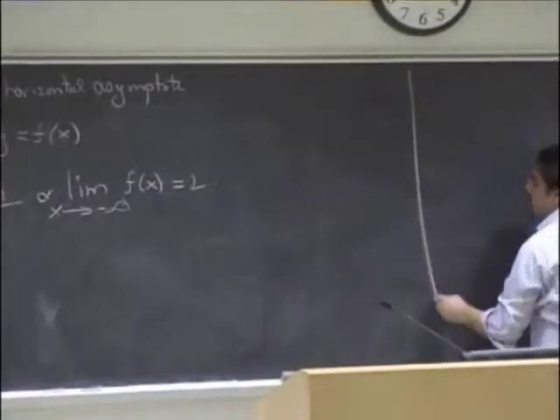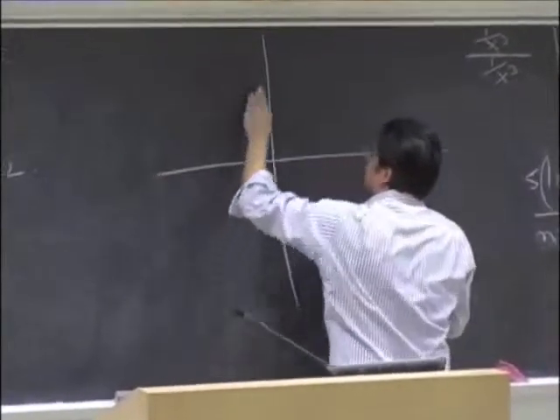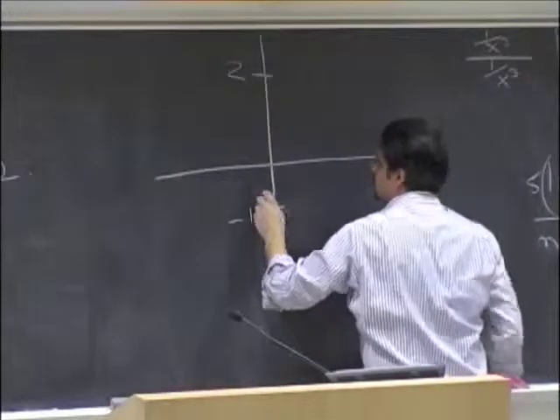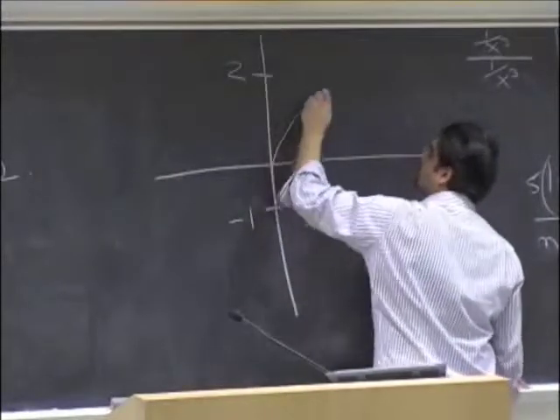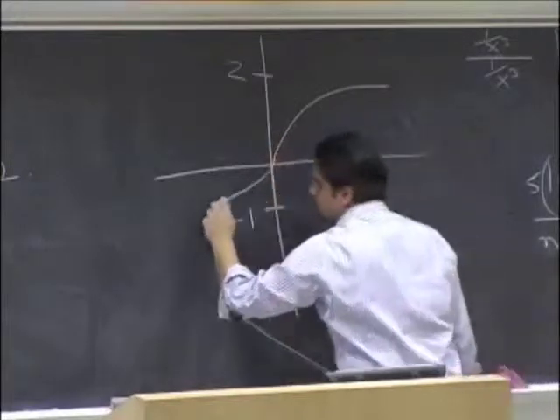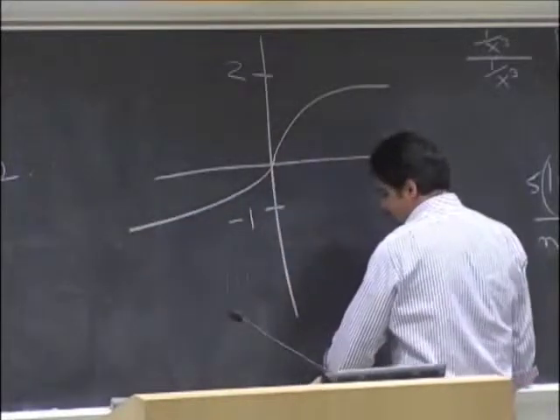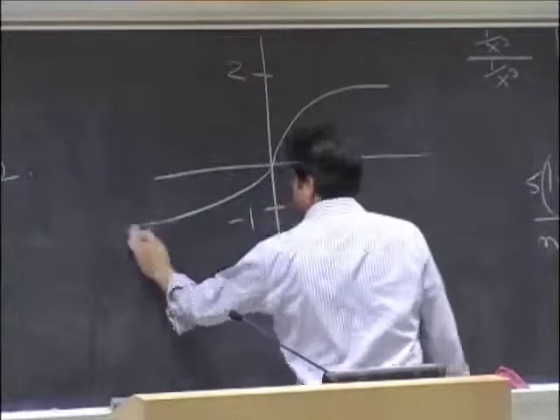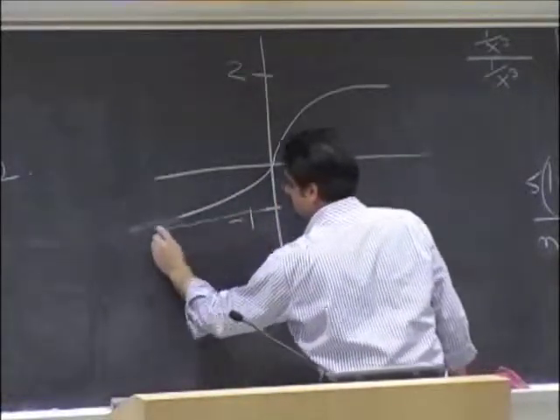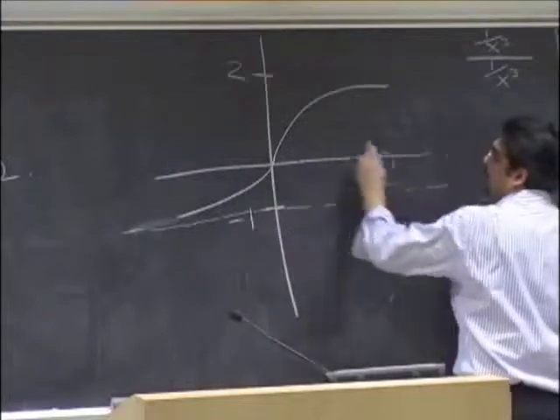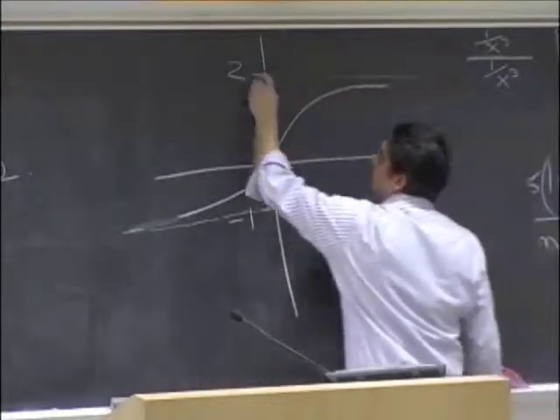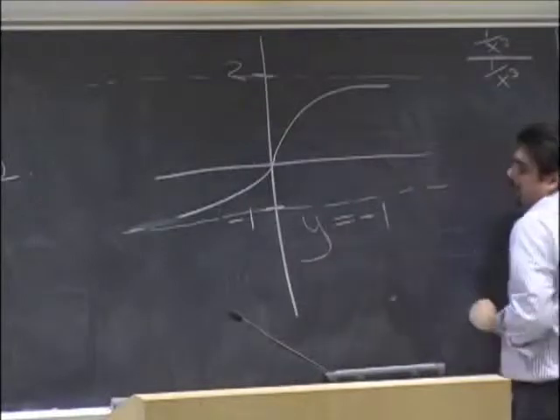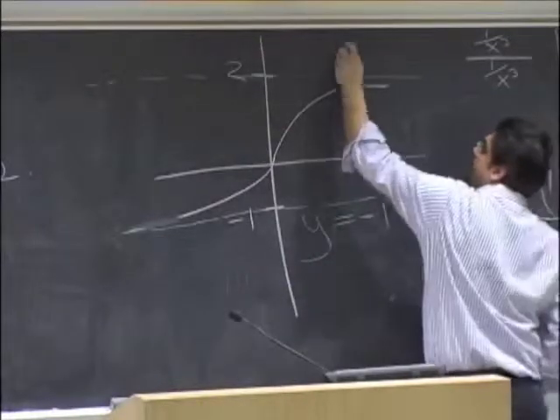So, in this graph, we have two horizontal asymptotes, y equals negative 1 and y equals 2.